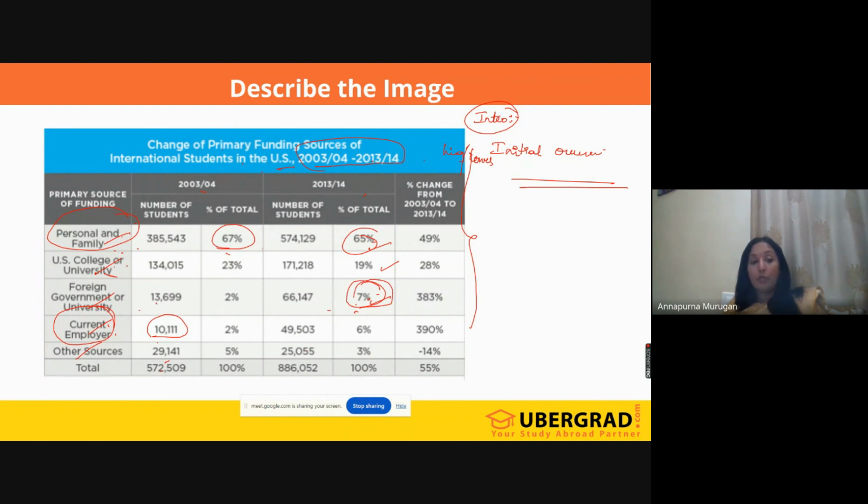Okay, because the sponsorship is nothing but sponsoring the funding. So that has increased. And even the contribution by current employer has also increased. Okay, while the rest of the sources of fundings follow the opposite trend. So we can say that the great change is observed under the category of foreign government funding and the current employer. So this is the thing basically we have.